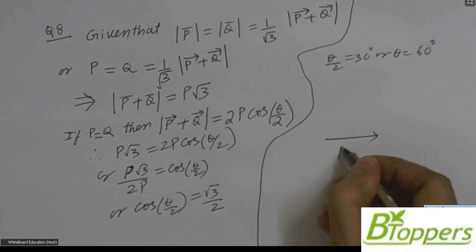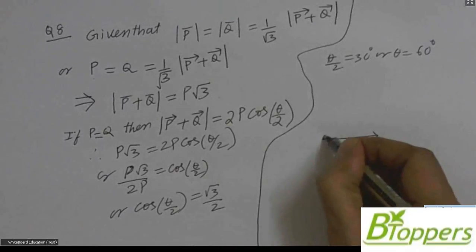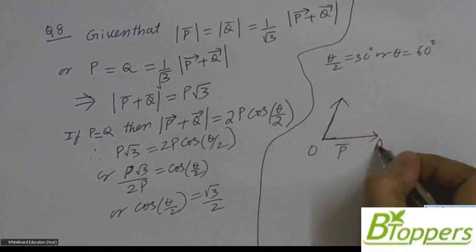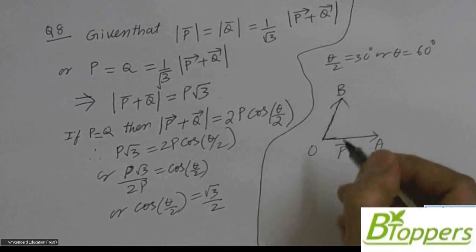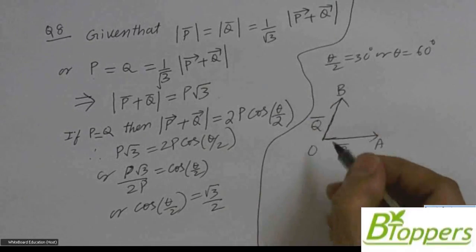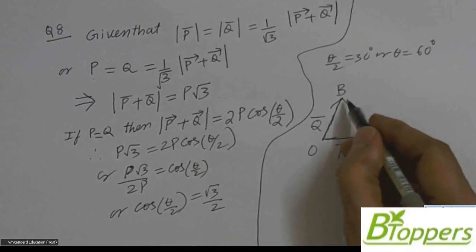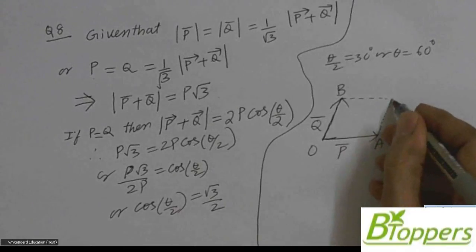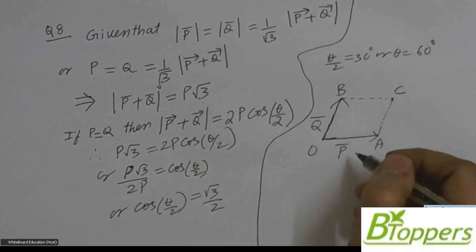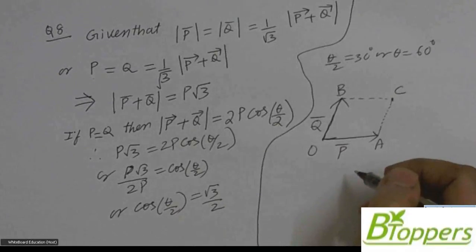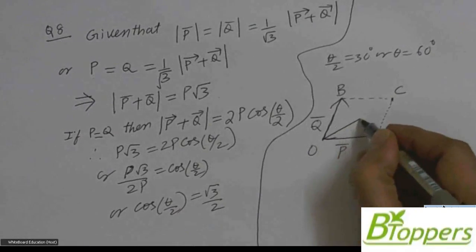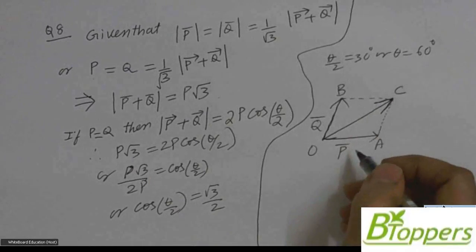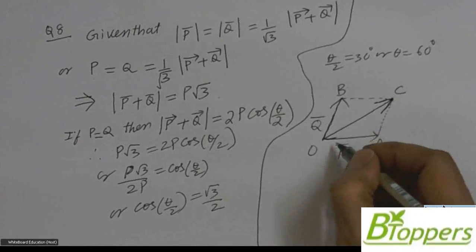Suppose the two vectors P bar and Q bar are represented graphically by the adjacent sides of the parallelogram such that tail of vector P bar is attached to tail of vector Q bar. And the diagonal of the parallelogram passing through their point of intersection represents their vector sum or resultant, both in magnitude and direction.